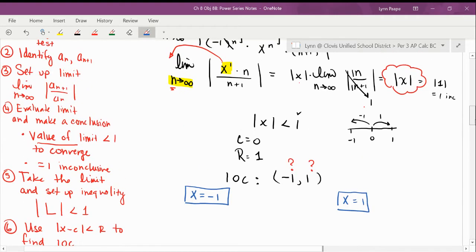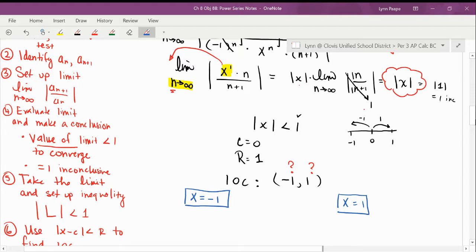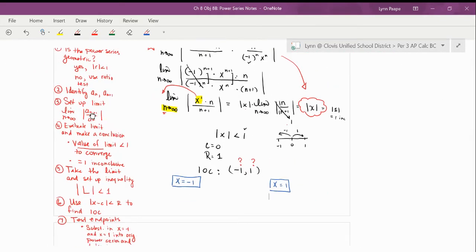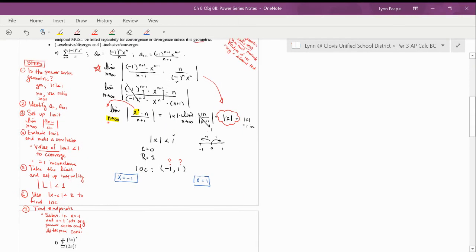So I have to go back to that original series. So let me zoom out just a tiny bit here, or maybe a whole lot. Okay, so we're going to take that original series, this one right here, and I'm going to replace this x with negative 1 and positive 1.